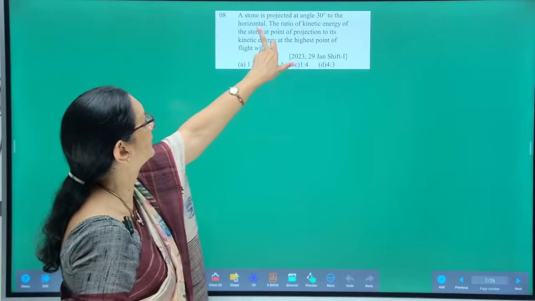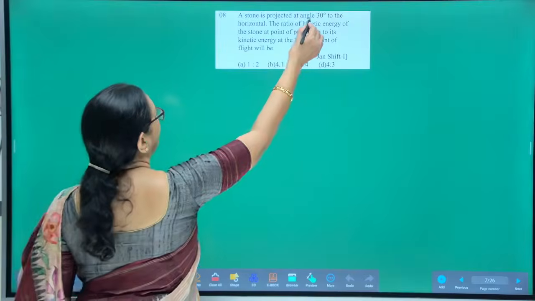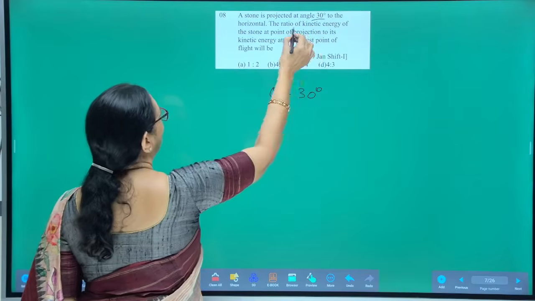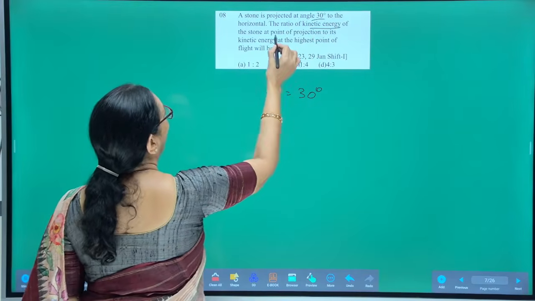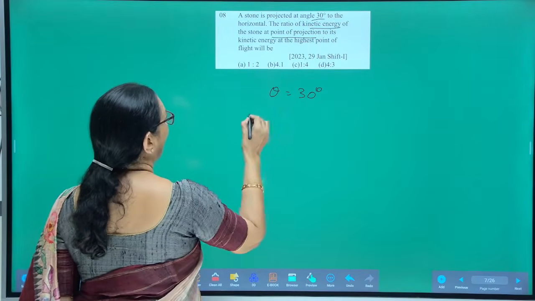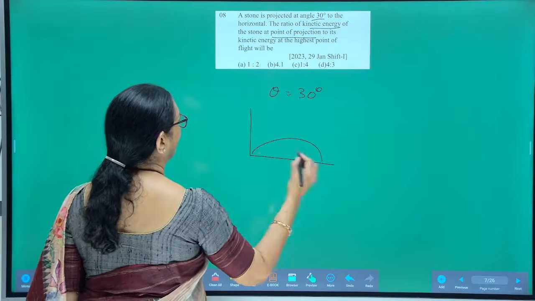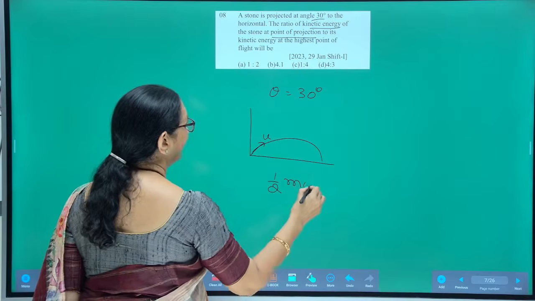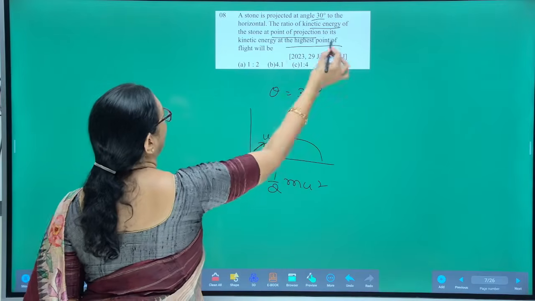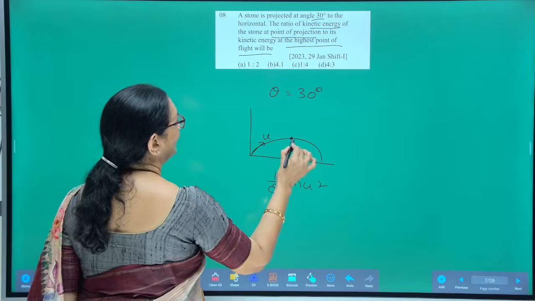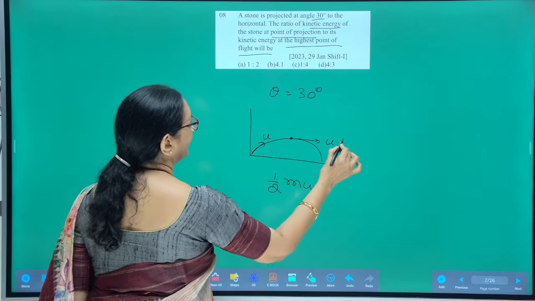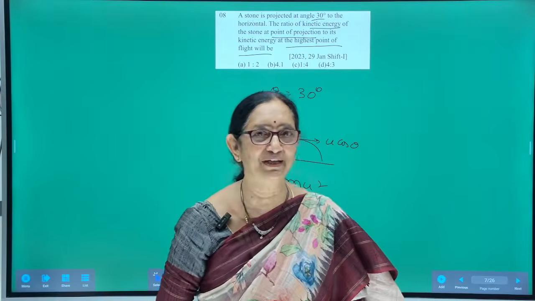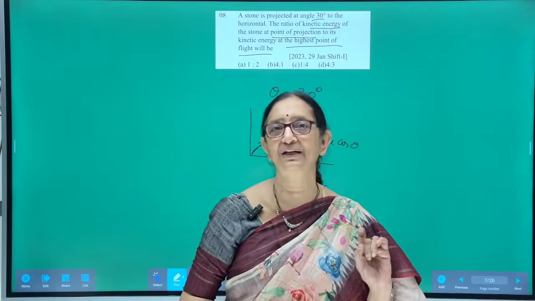A stone is projected at an angle of 30 degrees to the horizontal. Theta is 30 degrees. Ratio of its kinetic energy at the point of projection, where its velocity is u and kinetic energy is half mu square, to the kinetic energy at the highest point. At the highest point, velocity is u cos theta because only the horizontal component is present and the vertical component is 0.